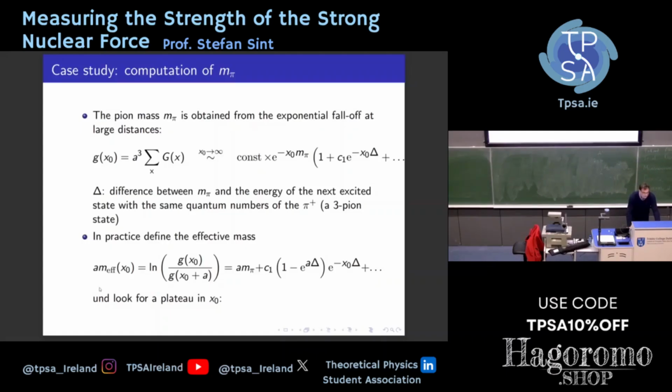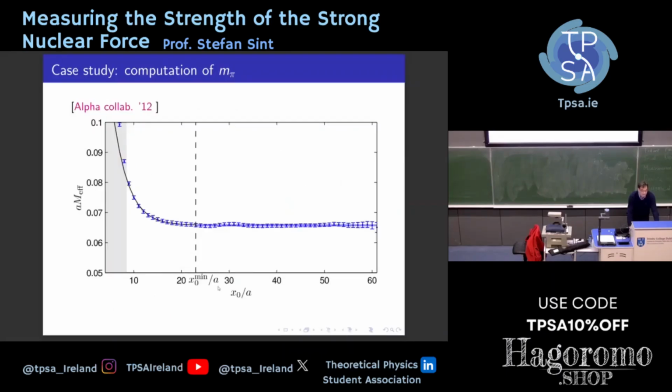Okay, so in practice, how does one extract an estimate for this pion mass? You define what's called an effective mass. So we take the ratio of this propagator at subsequent lattice time slices, and the logarithm of it is just an estimate of a M pi up to exponentially small corrections, and you look for a plateau then in x0. So here's an example.